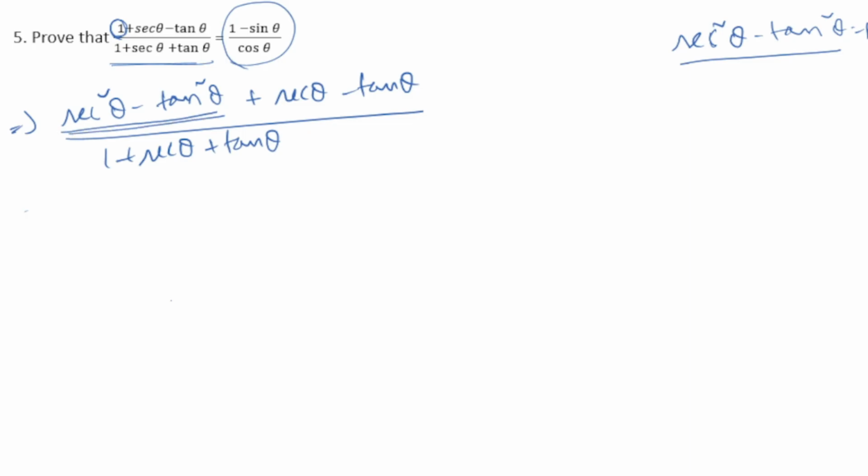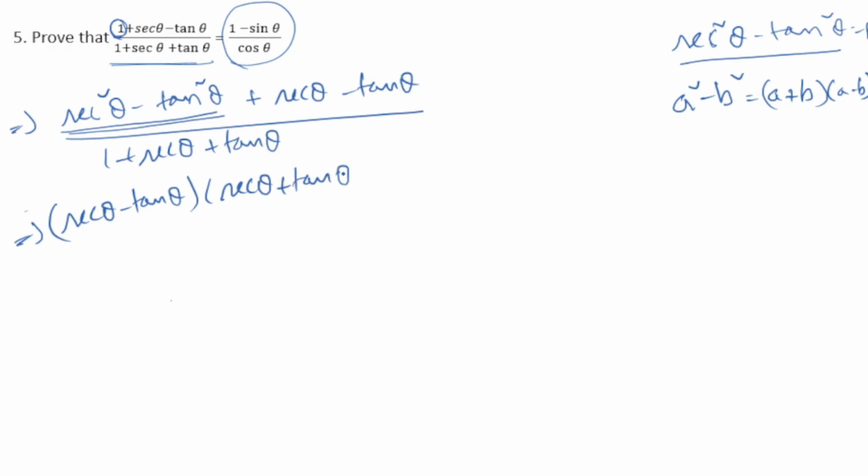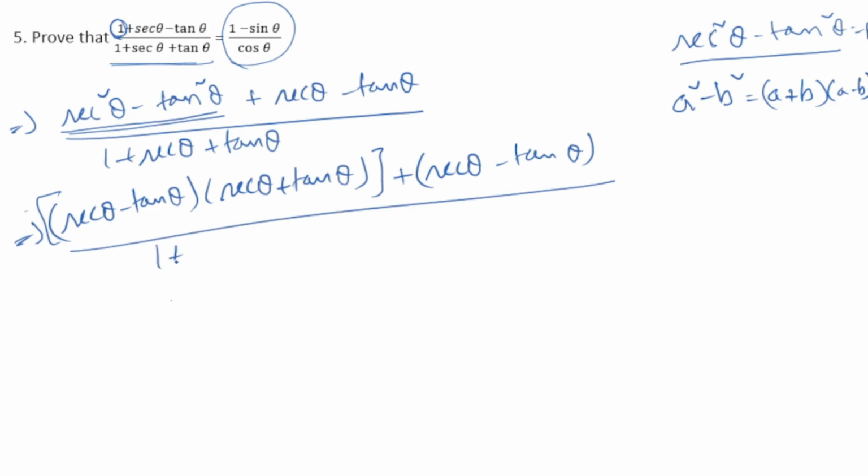Here secant square theta minus tan square theta is in the form of a square minus b square. It is a plus b into a minus b. We'll just apply this one. It is secant theta minus tan theta into secant theta plus tan theta plus secant theta minus tan theta, divided by 1 plus secant theta plus tan theta.